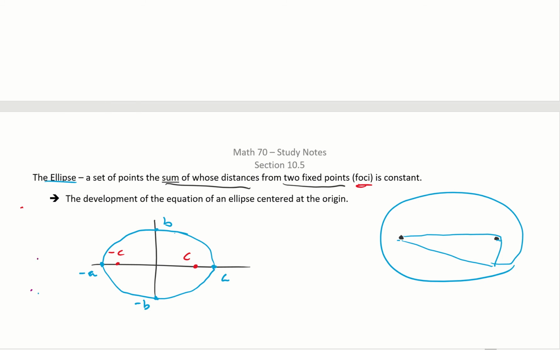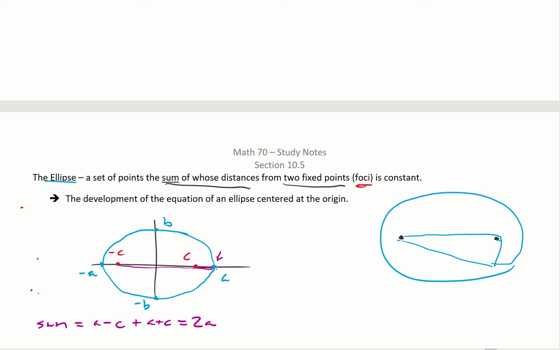And let's pick the point A way over here. The sum of its distances is this one, which is tiny. The sum is equal to A minus C along the number line, and then plus this distance, which is going to be A plus C, and the total turns out to be 2A.